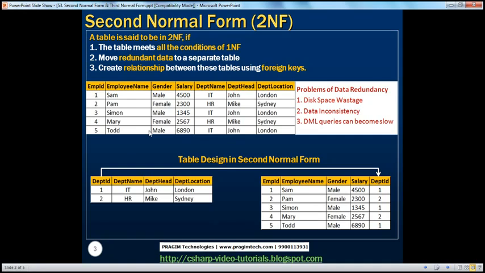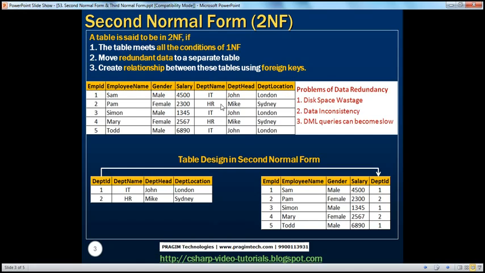Even if I have 200,000 employees in my organization, the IT department head is going to be John and its location is going to be London. Similarly, the HR department's head is going to be Mike and the location is going to be Sydney. They are not going to change on a per employee basis.